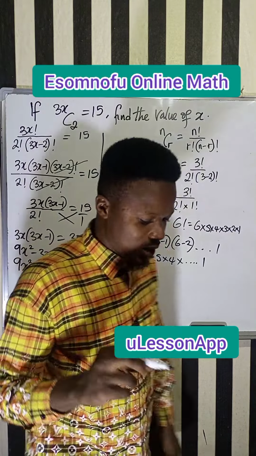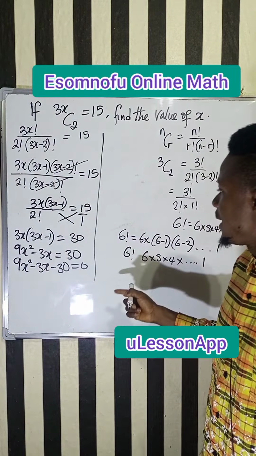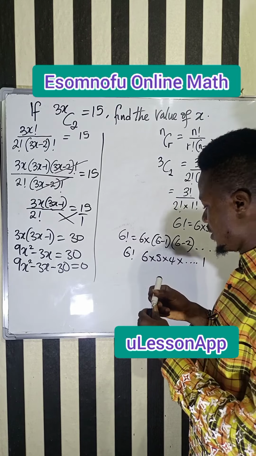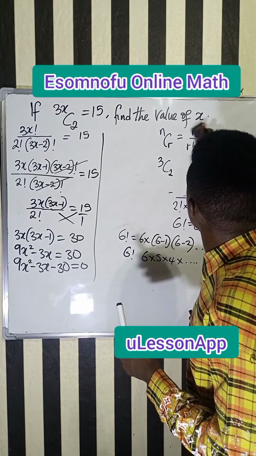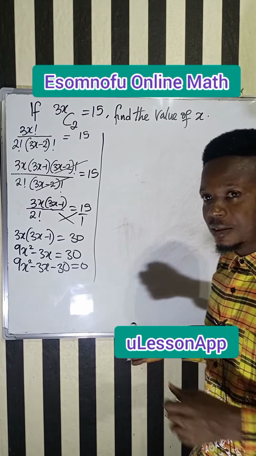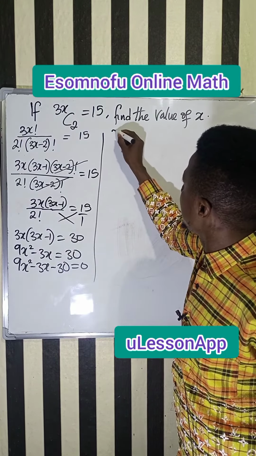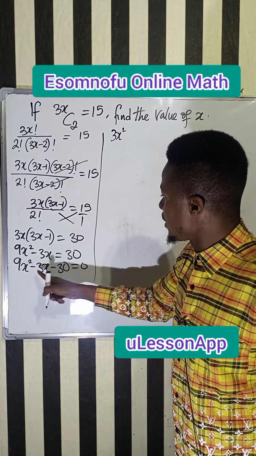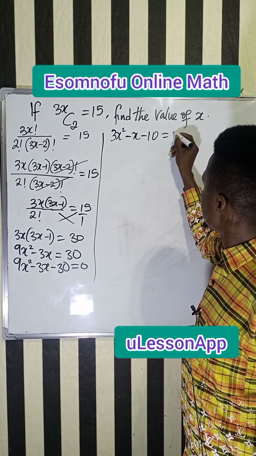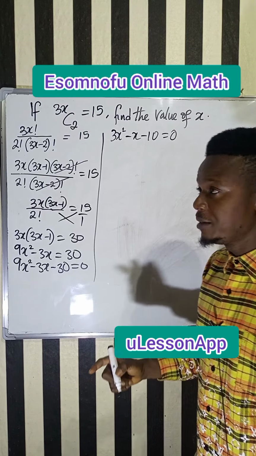At this point, you can decide to divide everything by 3. If I divide everything by 3, I'll have 3x squared minus x minus 10 equal to 0.